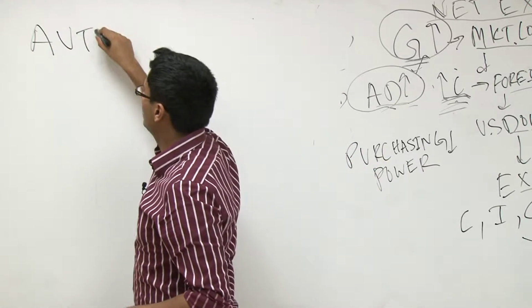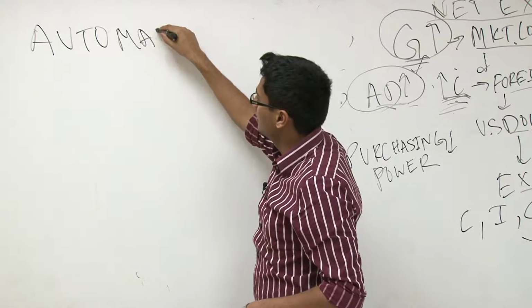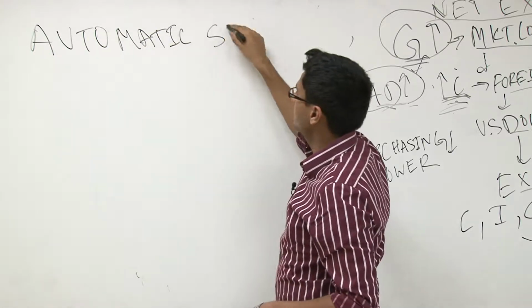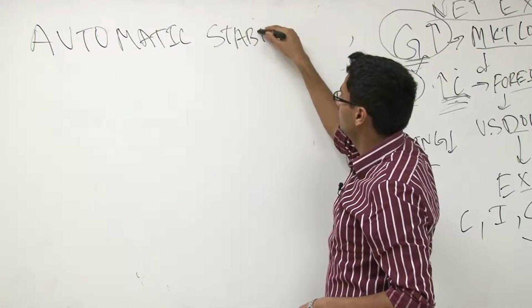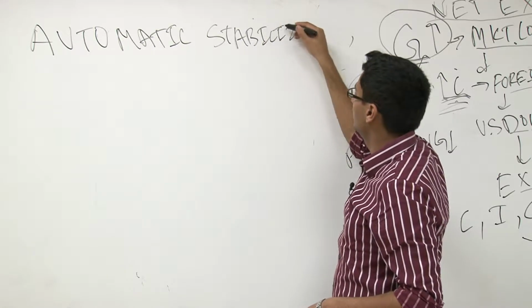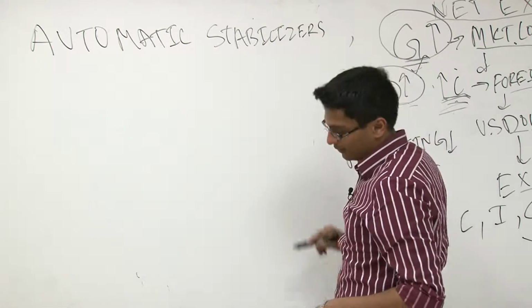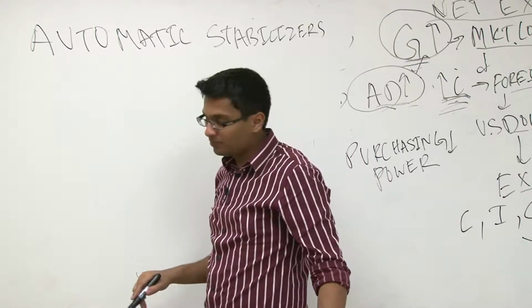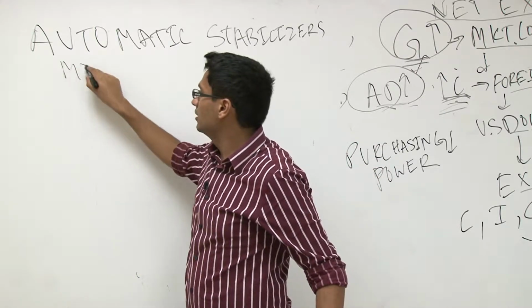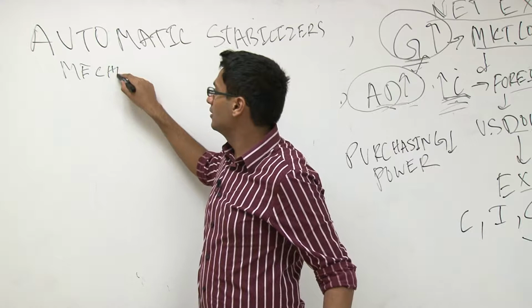Automatic stabilizers are defined as any mechanism designed so that it increases a deficit during a recession.